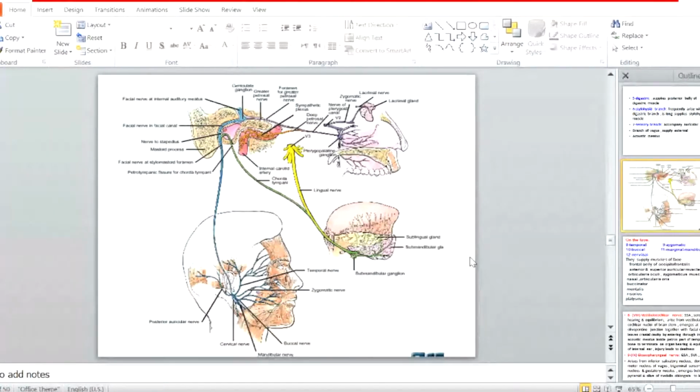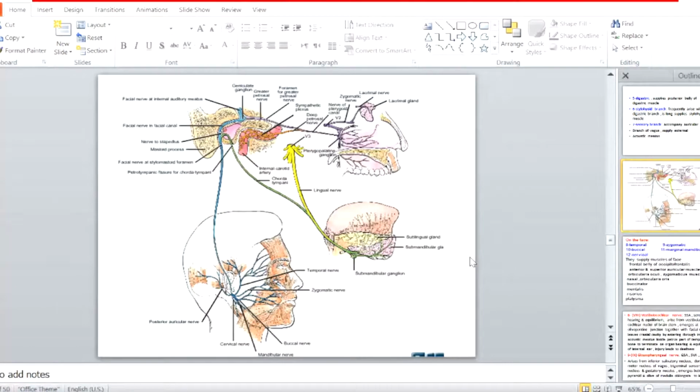Through these, it supplies postganglionic parasympathetic fibers to the floor of the orbit, nasopharynx, nose, and oral cavity down to its floor. These postganglionic parasympathetic fibers are secretomotor, supplying the lacrimal gland, the submandibular salivary gland, and the sublingual salivary gland, but not the parotid gland.